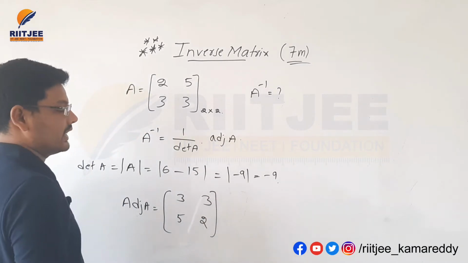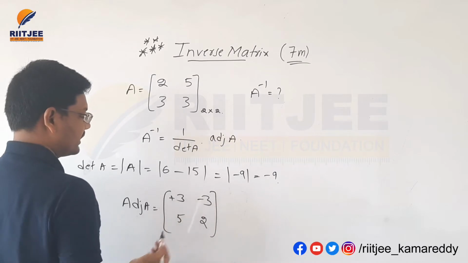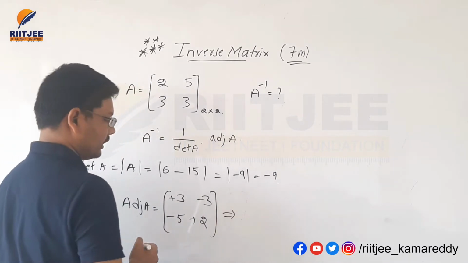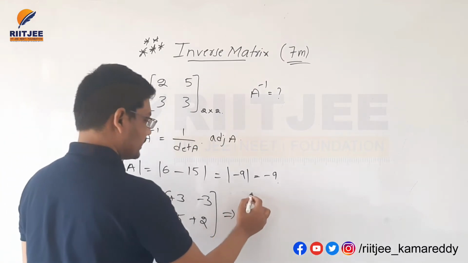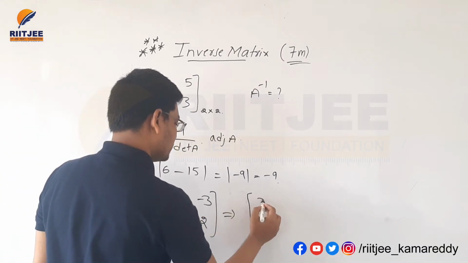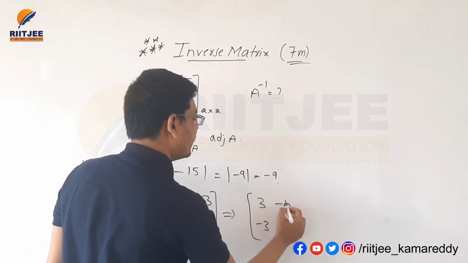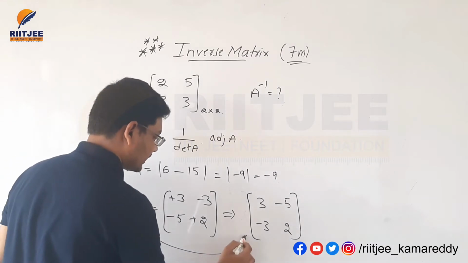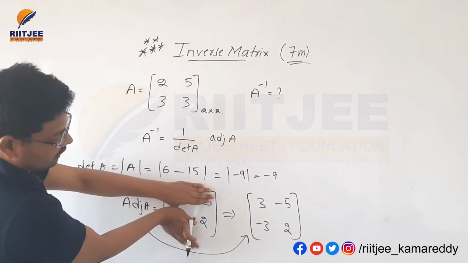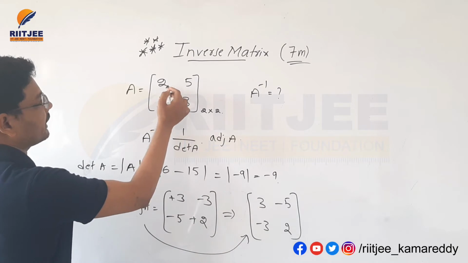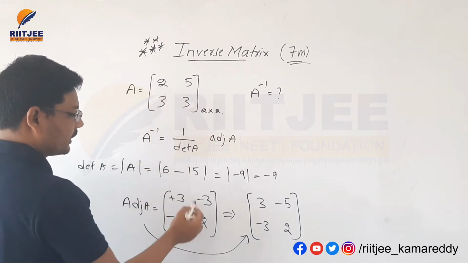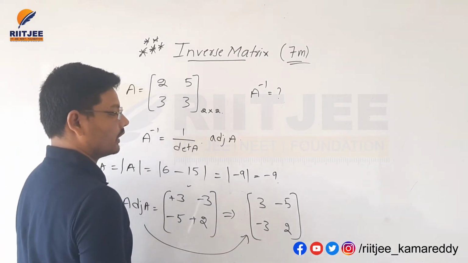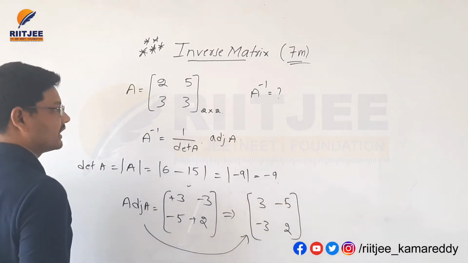Here we need to change the signs: this is plus, this is minus, this is minus, and this is plus. Then we need to transpose this, and then only we will get the adjoint matrix. Transposing, we get 3 minus 3 minus 5 2. This is the complete adjoint of matrix A. First we find the cofactors of each element, and this is the cofactor matrix. After transposing this matrix you will get the adjoint matrix.